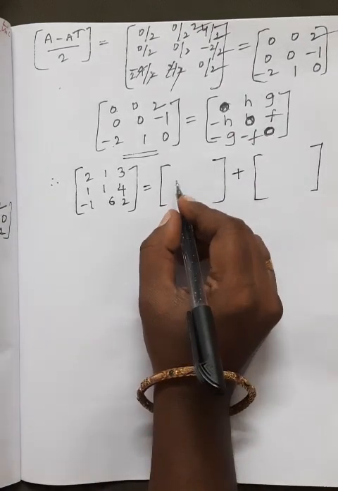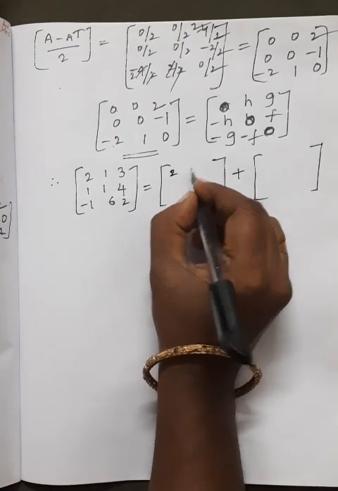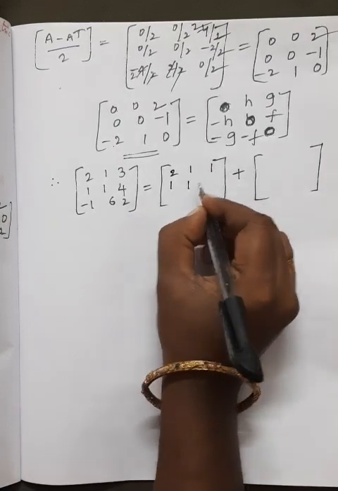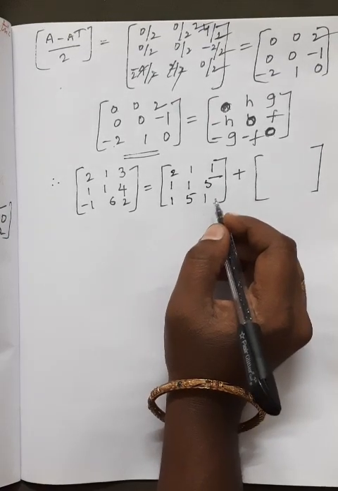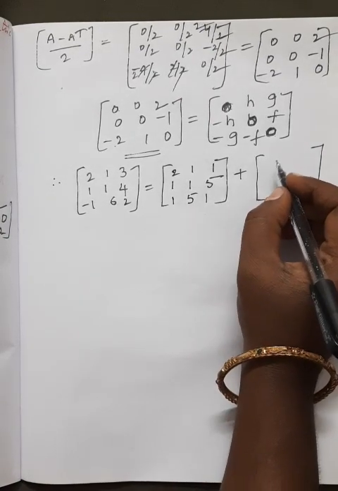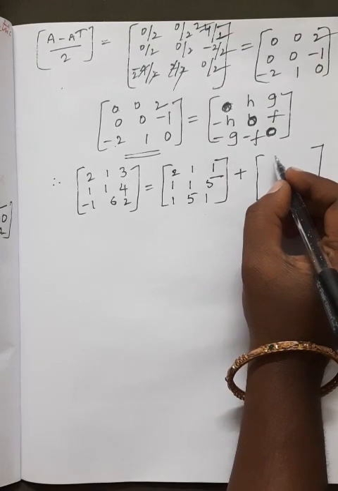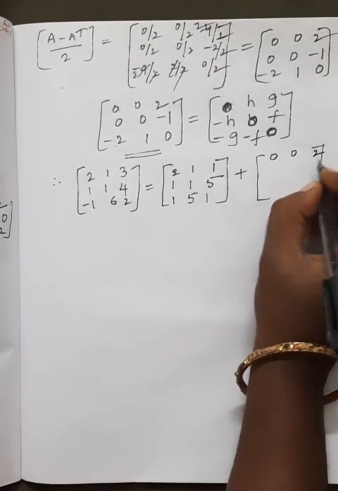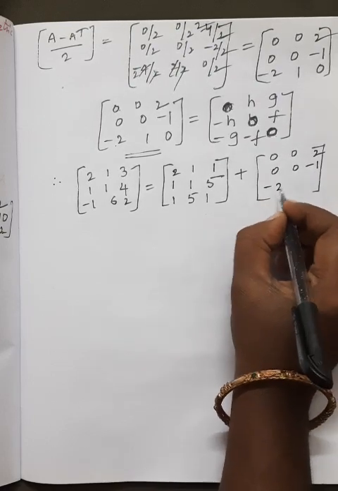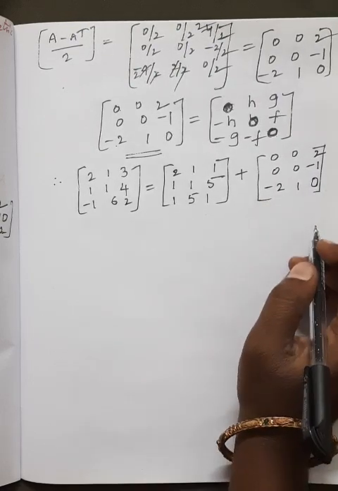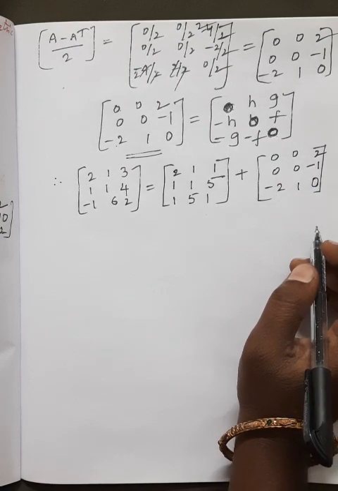So the symmetric answer is 2, 1, 1, 1, 1, 5, 1, 5, 1. And our skew symmetric answer is 0, 0, 2, 0, 0, minus 1, minus 2, 1, 0. Here you can check whether our answer is right or wrong.